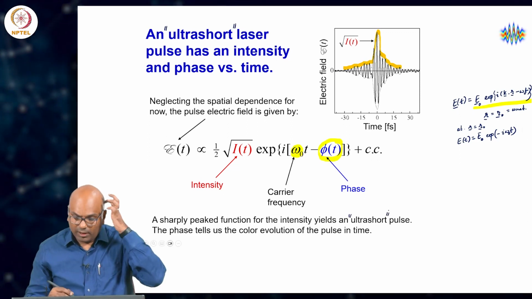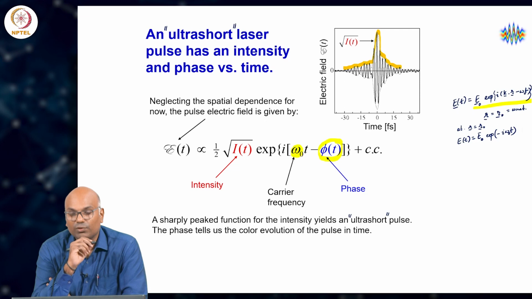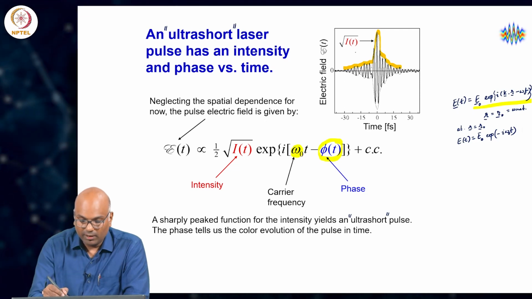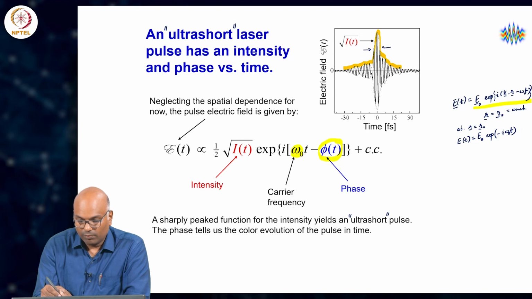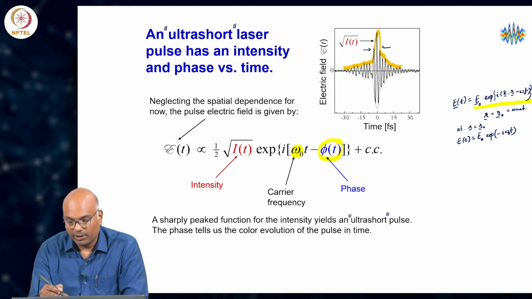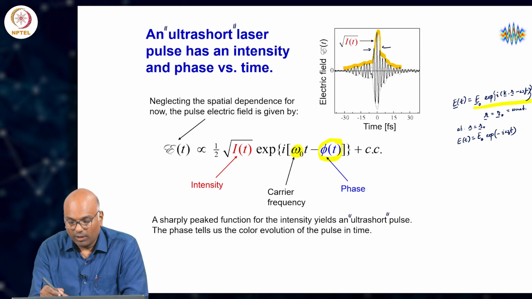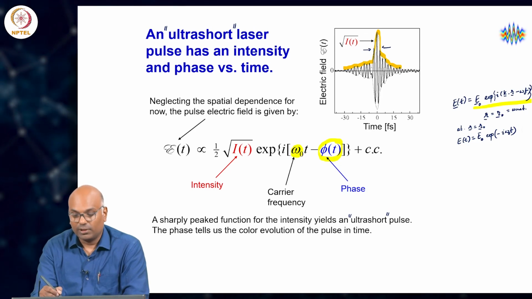We qualified this ultra short better earlier because we realized that within the reasonable measure of width for this pulse, which could perhaps be taken close to about 50% of the maximum amplitude, you have only few cycles of the carrier which are present in this case.